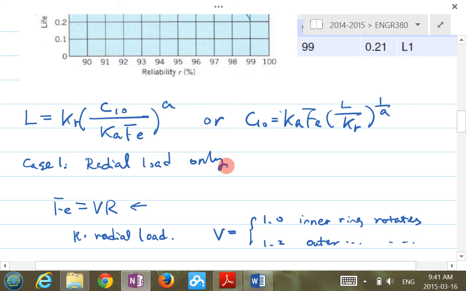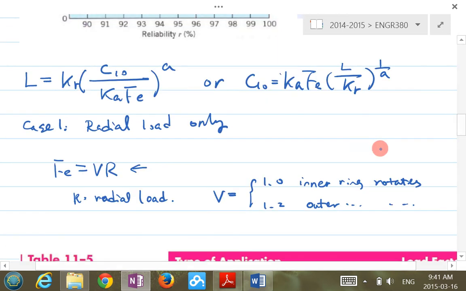So you have a shaft, you have a bearing, and the loading condition at the bearing is the radial load only, which means there is no thrust load or axial load. If you're selecting a spur gear, there's no axial load or thrust load, there's only radial load. So if it's radial load only, then this Fe will be calculated using this formula, V times R.